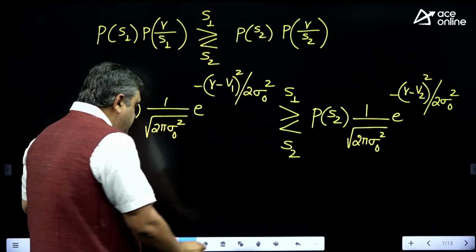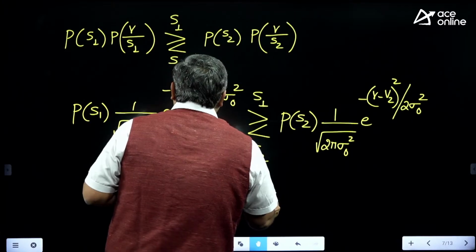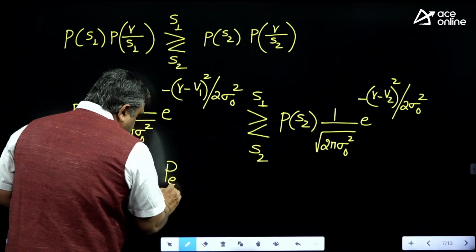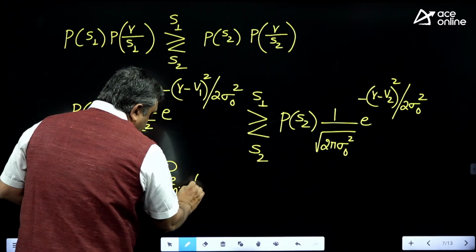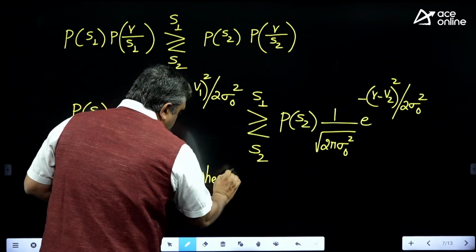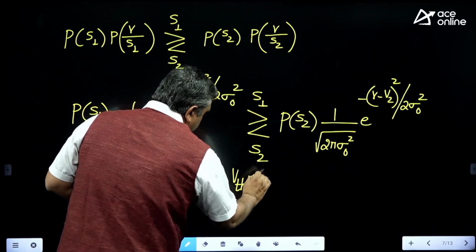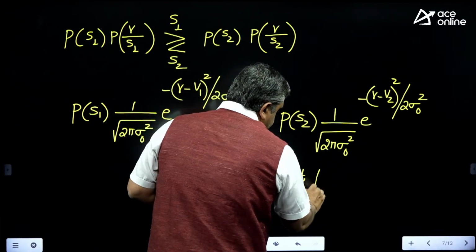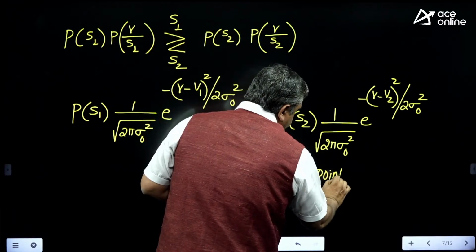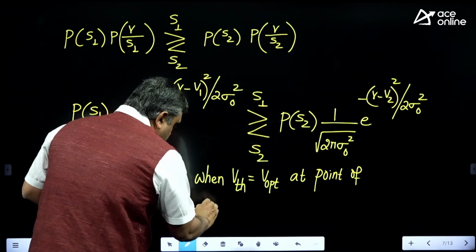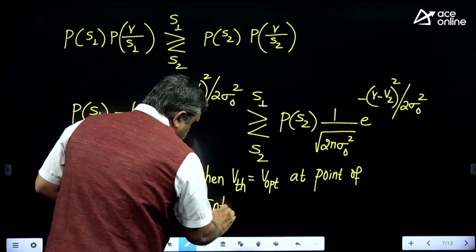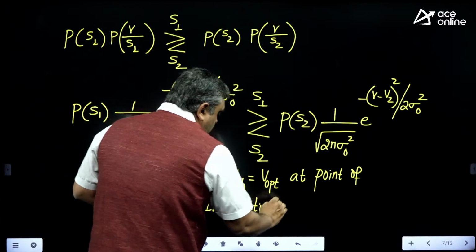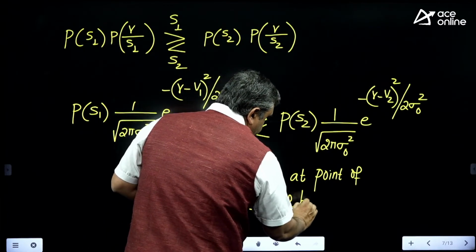Now, what we are saying here, probability of error will be minimum when VTH becomes VOPT at the point of intersection of both the density function curves.